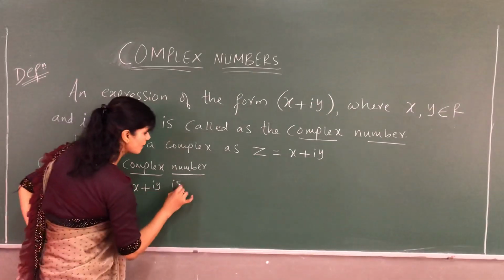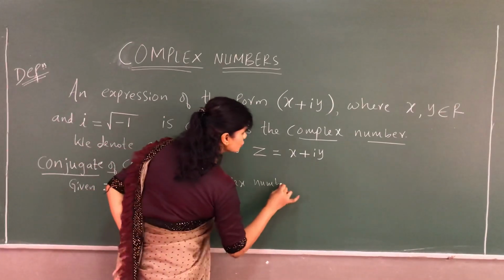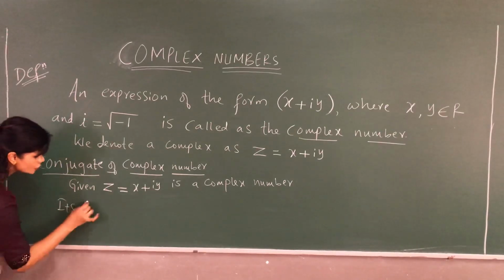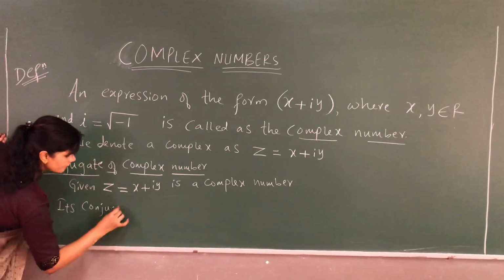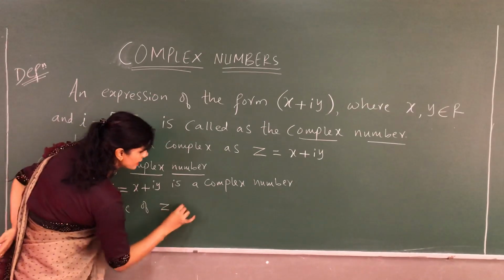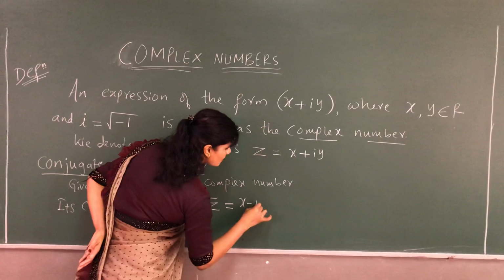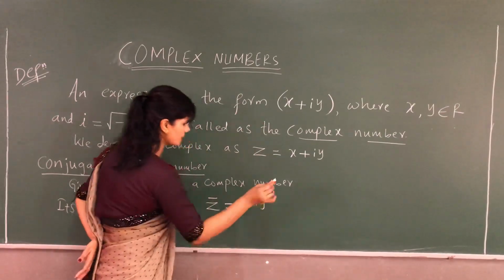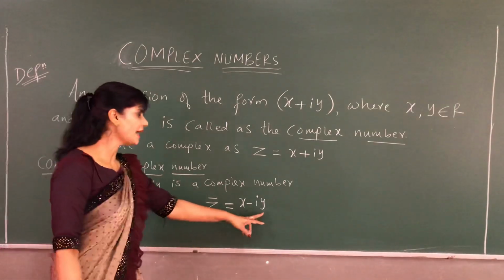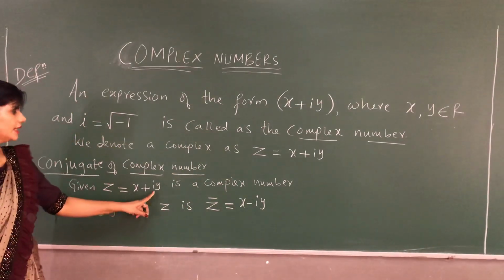The conjugate of the complex number z is defined as z bar, and it is x minus iy. So x plus iy is the given complex number, and x minus iy is called its conjugate. You only have to change the sign of the imaginary part.